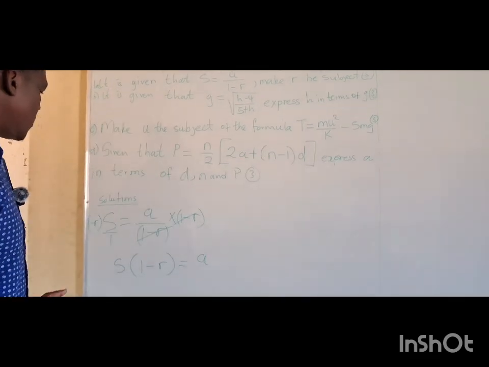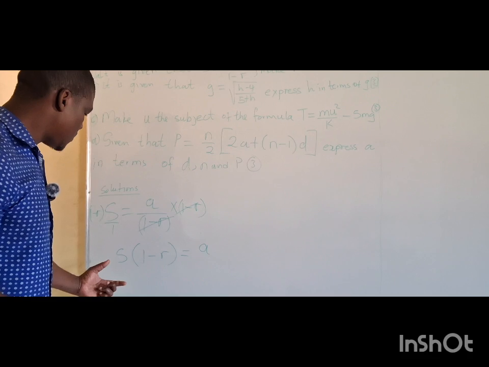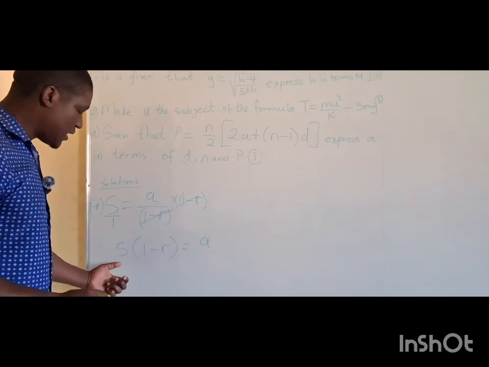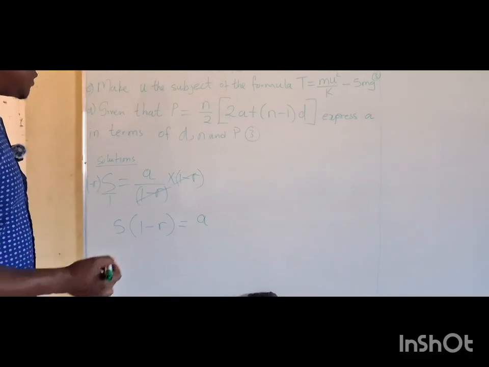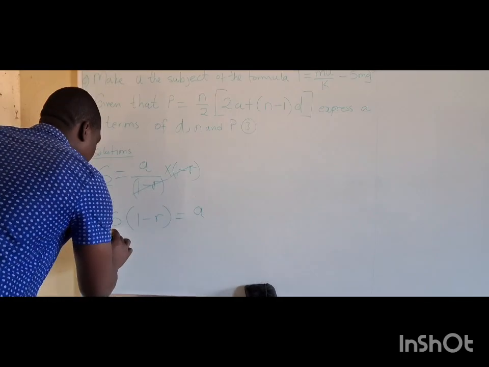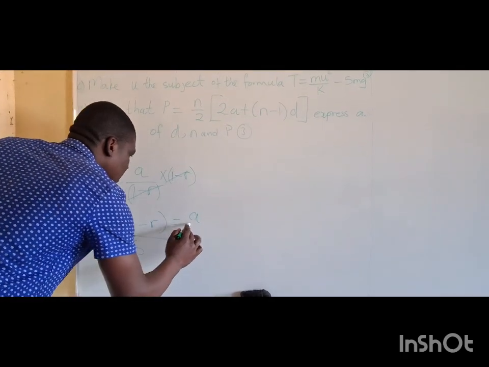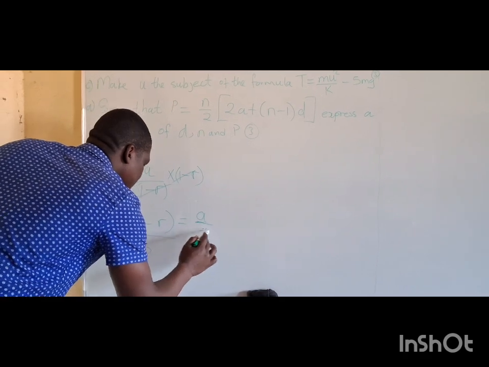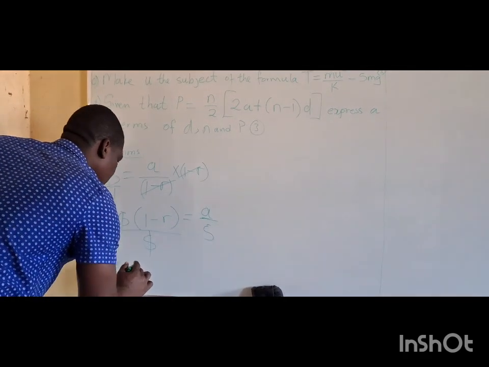And then we want to make R the subject. Already we have factored out S, which means we'll divide both sides by what? By S. S and S, we cancel.